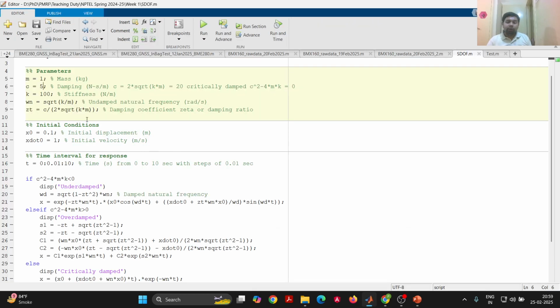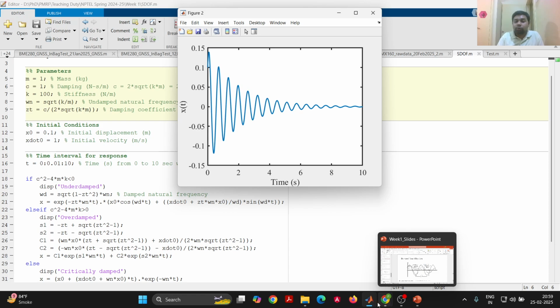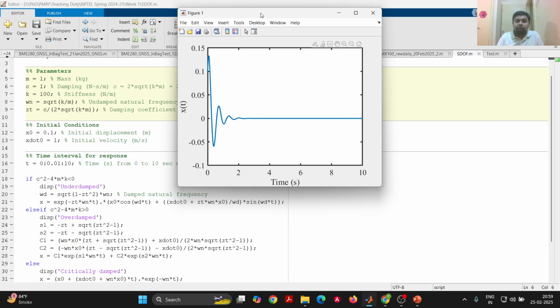Now let us try to decrease the damping even further and see how the response changes. We will just run again. So now we can see that because of the reduced damping, we see much more oscillations in the same amount of time. Let us compare these two figures.